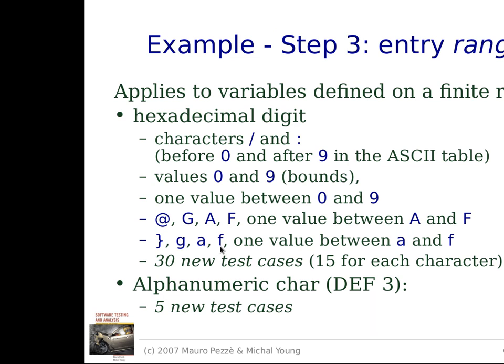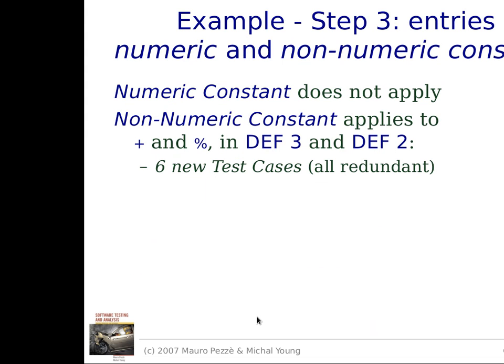And then same thing with lowercase, so that's another 5 as well. That hopefully came out to 15, and then 30 new test cases for the different characters that can come out with the CGI. And then your alphanumeric, another 5 new test cases. If you were to go back, that just has to do with the definition of CGI.